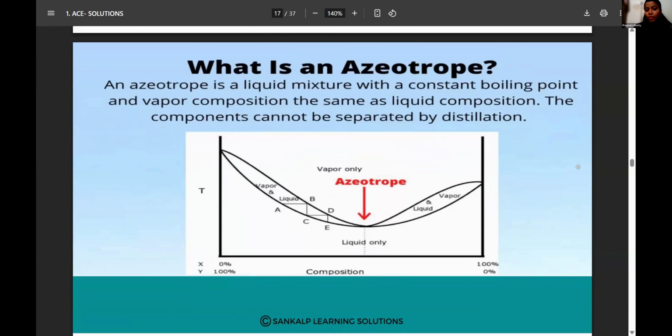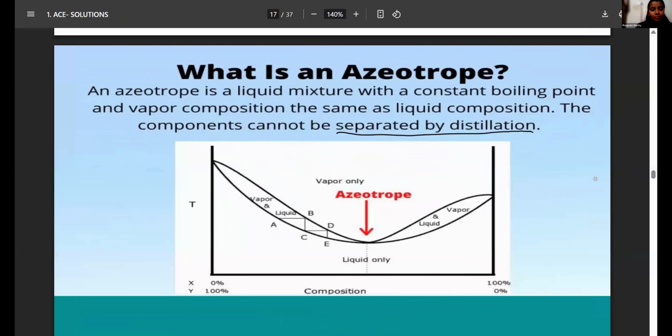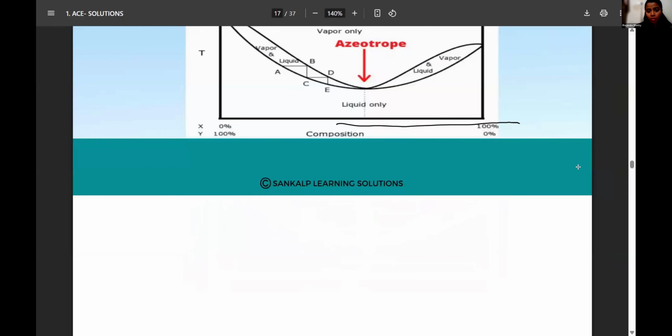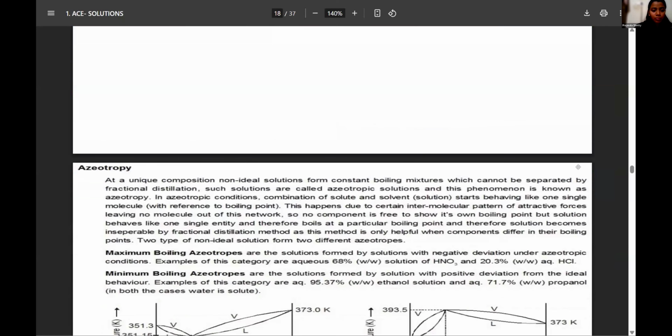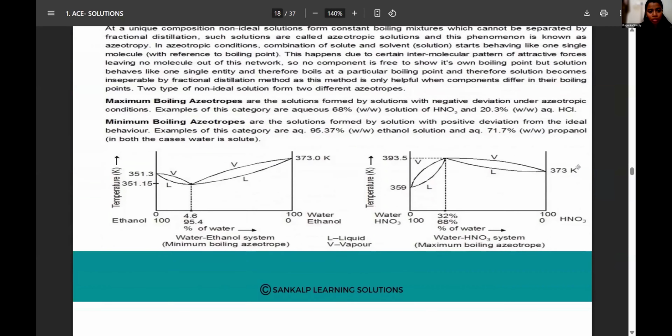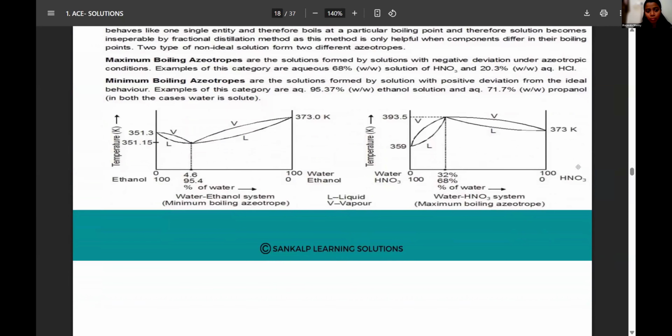The components cannot be separated by distillation, as I told you previously. You should understand what minimum and maximum boiling azeotropes are.